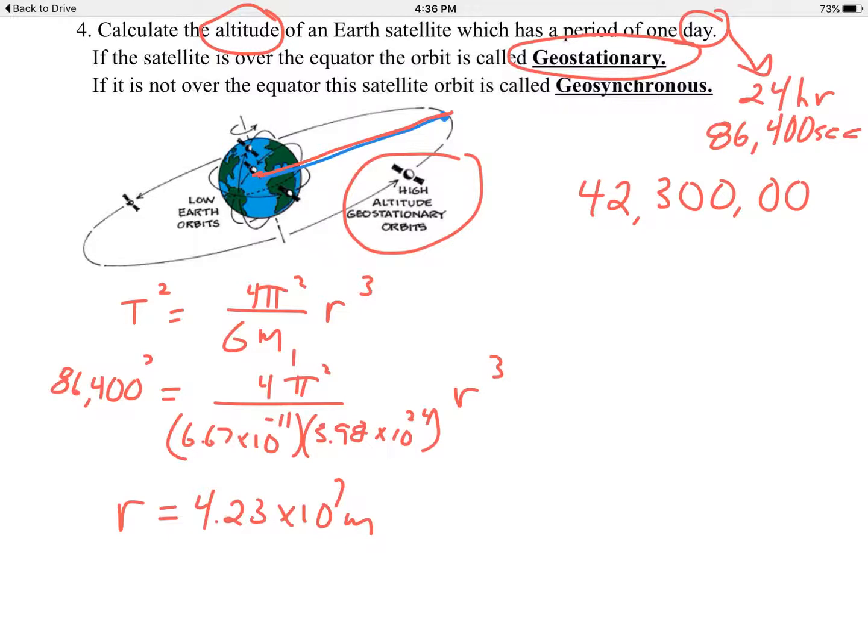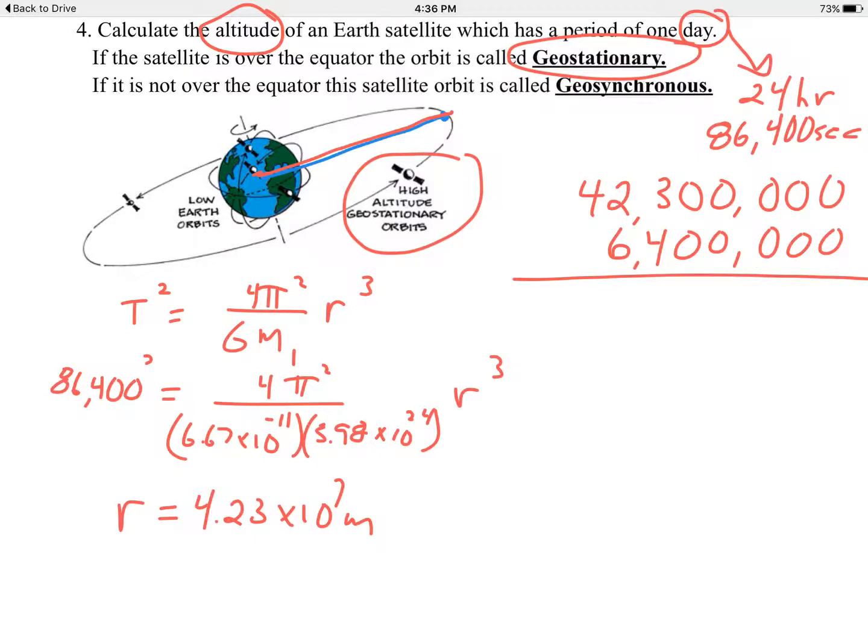42,300,000 essentially meters. The radius of the Earth from the previous problems was 6,400,000. It was 6.37 times 10 to the 6th meters.